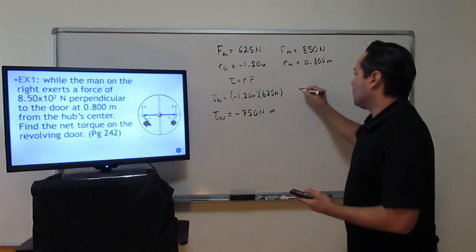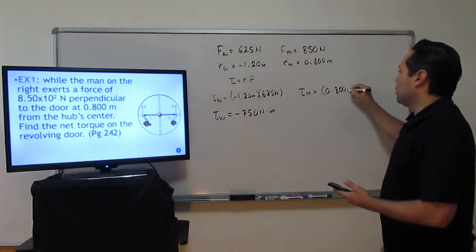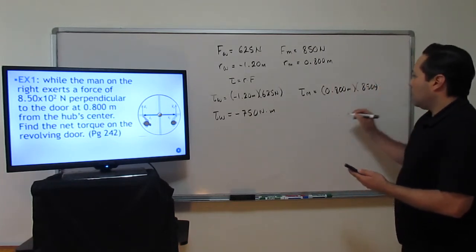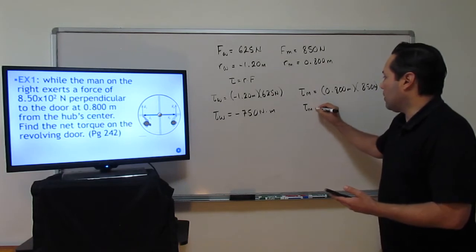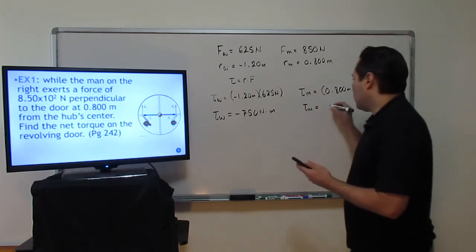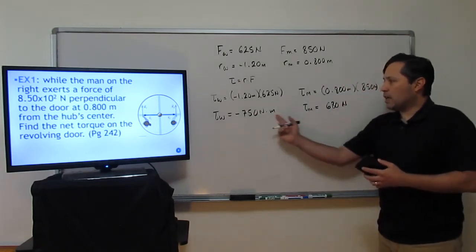Next, for the man, it's going to be 0.8 meters multiplied by 850 newtons. And we're going to get for the torque of the man 680 newton meters. Now we've got them both.